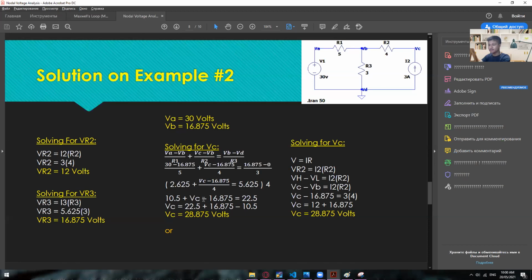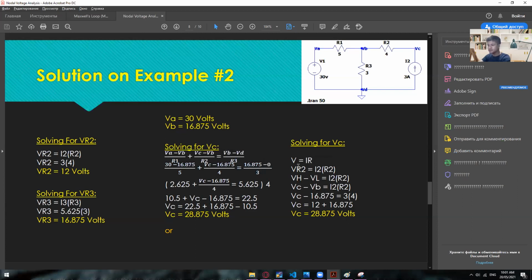Okay, so in here we have 22.5 plus 16.875 minus 10.5. And then in here, just solve this one using your calculator, and then you will get 28.875 volts. Okay, so this is the solution using our main expression.